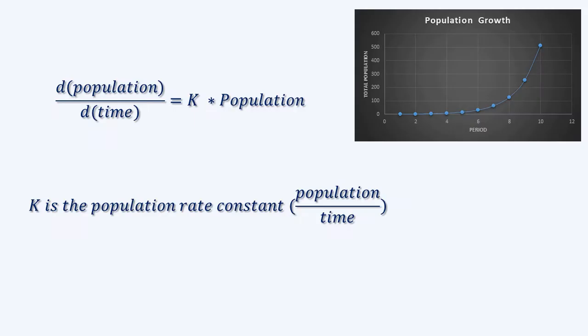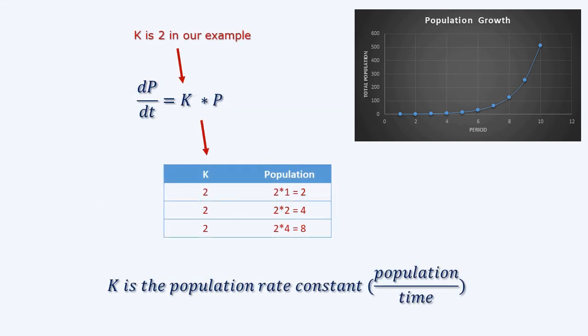From this example, we can deduce that the growth rate of our population is directly proportional to the current population multiplied by some constant, which in our case is 2. Now, we use this constant as a multiple of our population, which really defines the population growth rate at any given time.